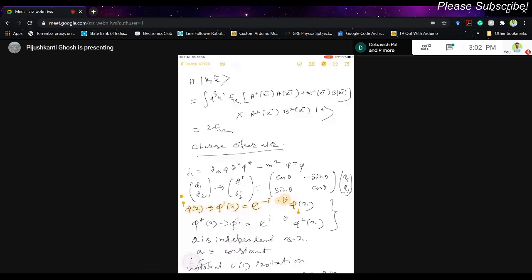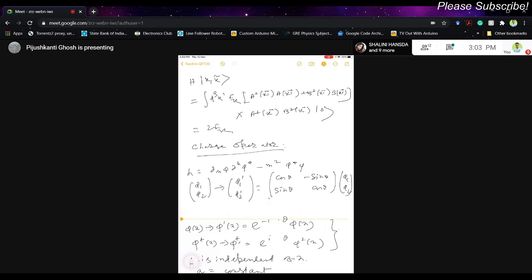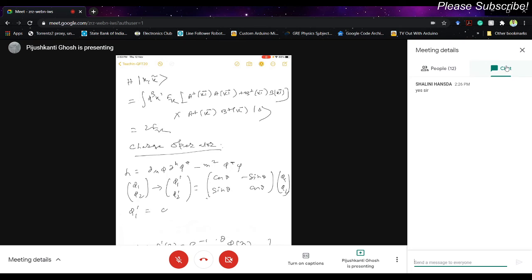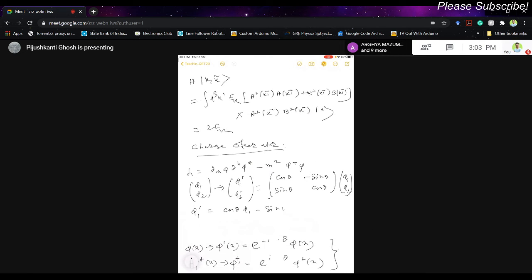So for example, if you write it out, we can write phi 1 prime as cos theta phi 1 minus sin theta phi 2, and phi 2 prime as sin theta phi 1 plus cos theta phi 2.